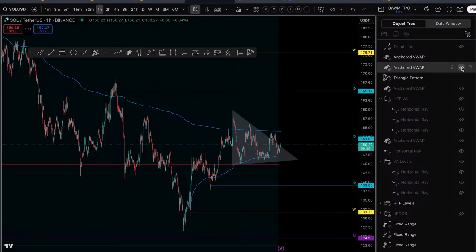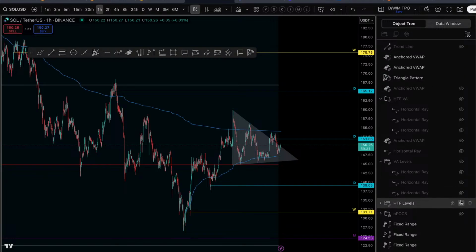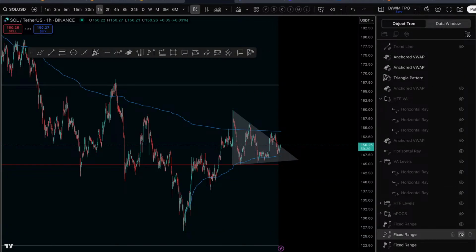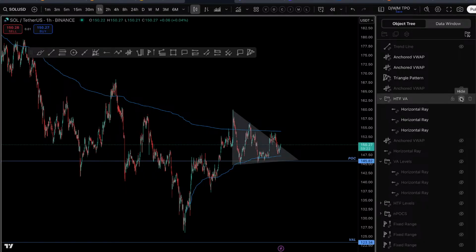No good setup on Solana for now, but these two are crucial and we're going to keep them around along with the triangle and the value areas.